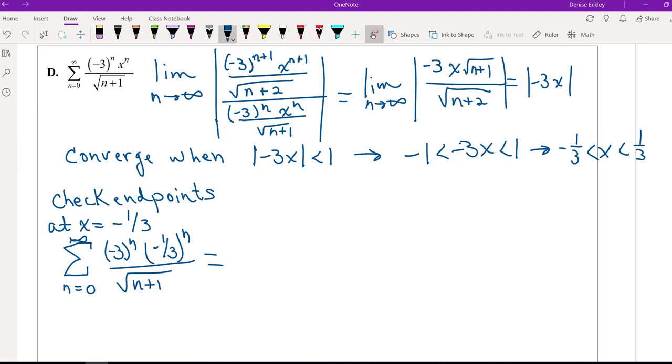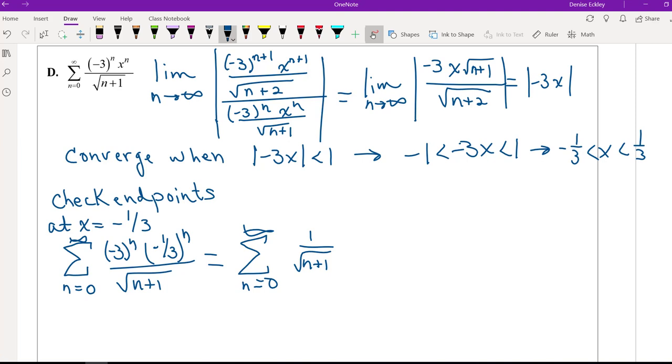So simplifying this, the negative 3 and negative 1/3 will cancel out to give us 1. So we have the summation of 1 over the square root of n plus 1, which is something that you just can't look at.